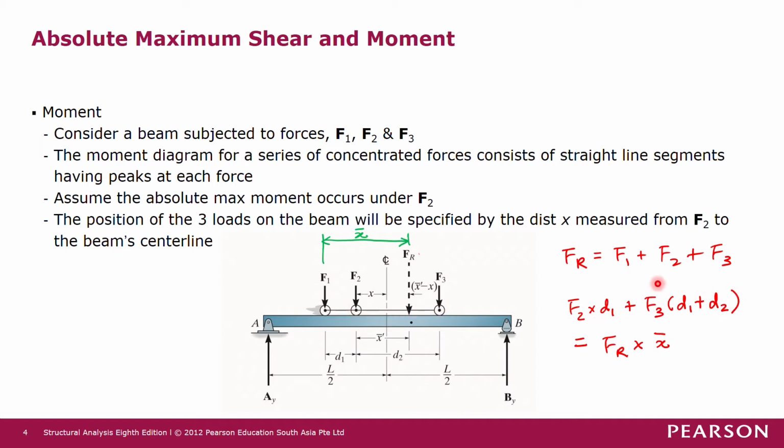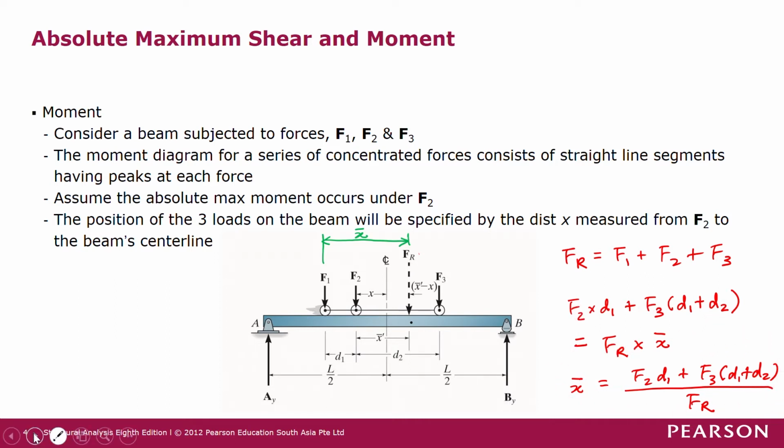So we get x bar equals F2 D1 plus F3 D1 plus D2, over Fr. This is something that we have learned in engineering mechanics, so this is just a revision.